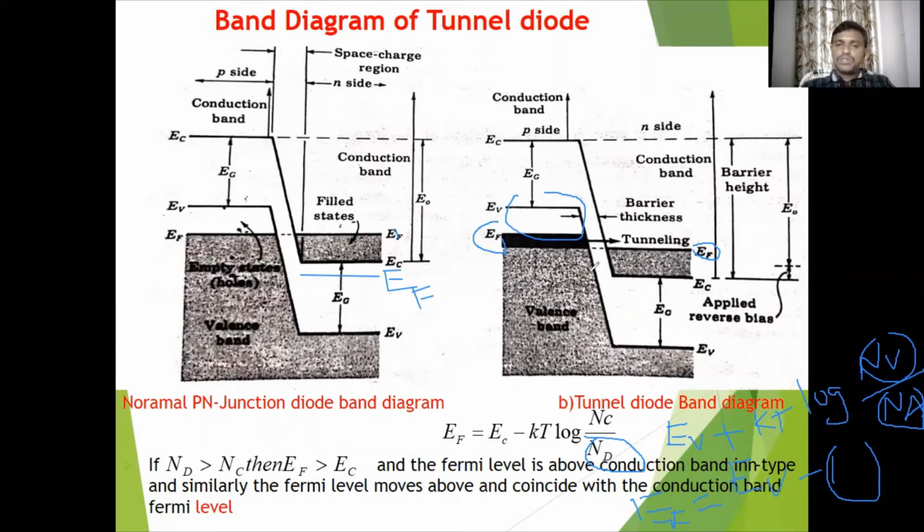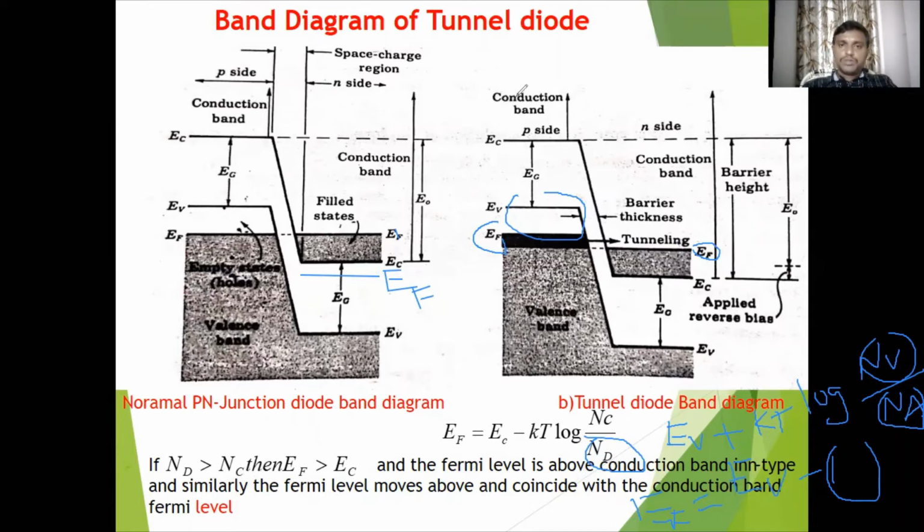I have mentioned that in this tunnel diode there will be an overlapping of the valency band of the p side and the conduction band of the n side. The reason is what I have explained by considering Nd greater than Nc and Nd less than Nc. If you understood this concept, it is very easy to understand the operation of this tunnel diode.